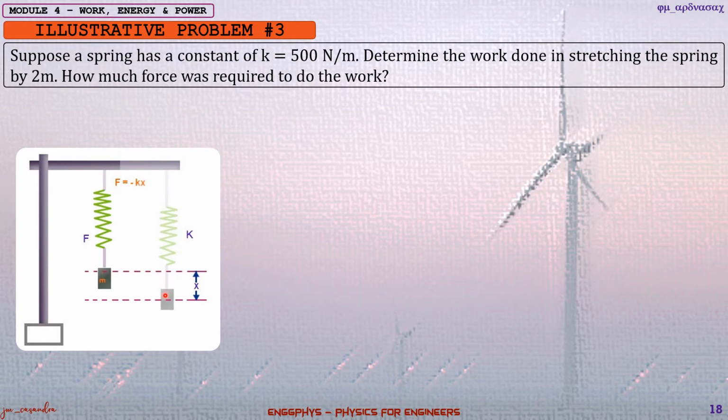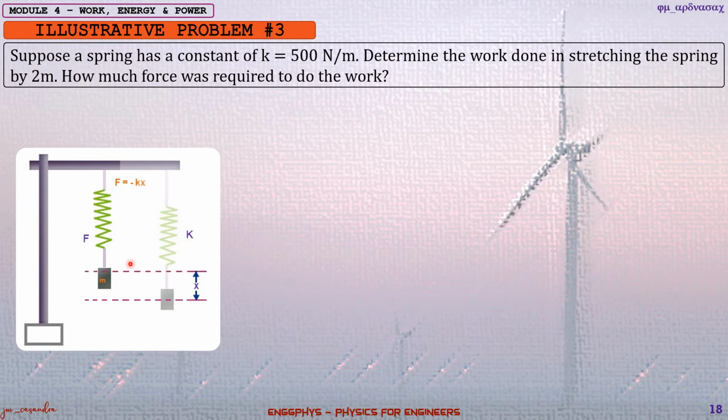So again, if the spring is compressed, then the force applied on the spring is a negative K times X. If we are stretching our spring, then that will be a positive KX.